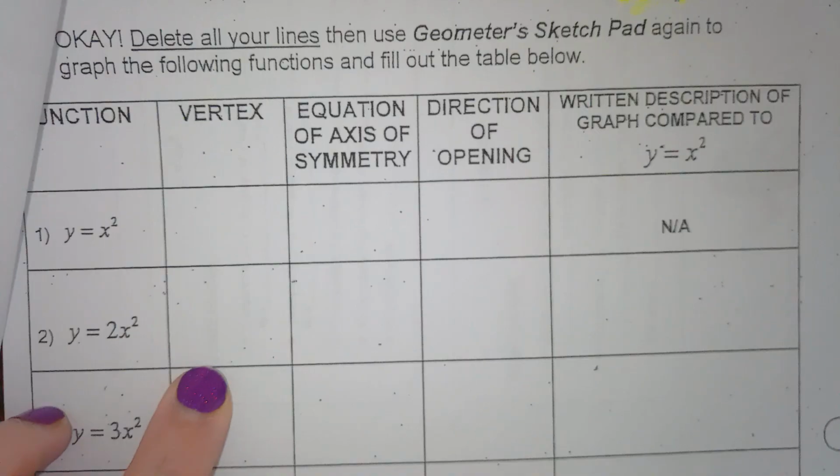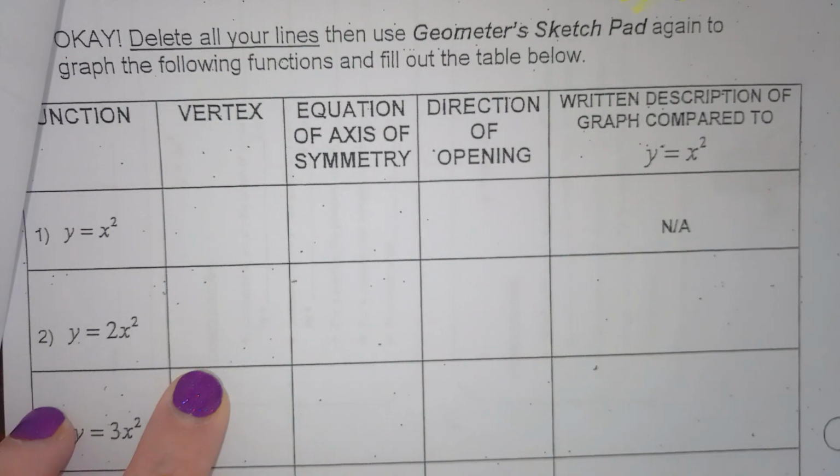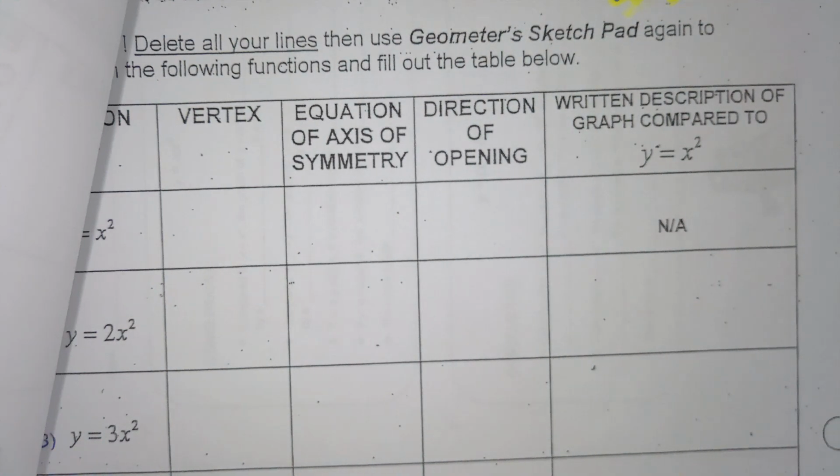So this first one, y equals 2x squared. So let me take out these graphs again. So y equals 2x squared. Okay, if I add a 2 in the front, I guess we're just guessing right now. What do you think will happen to my parabola?